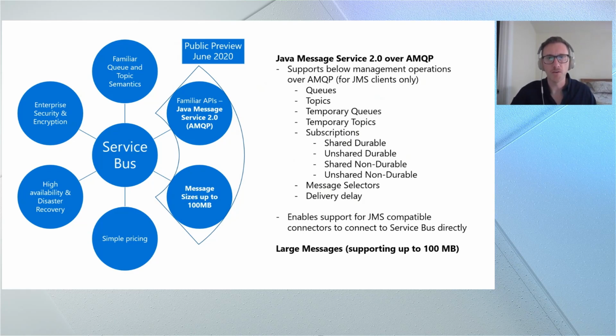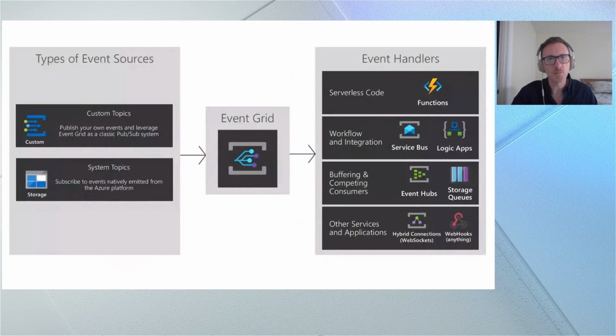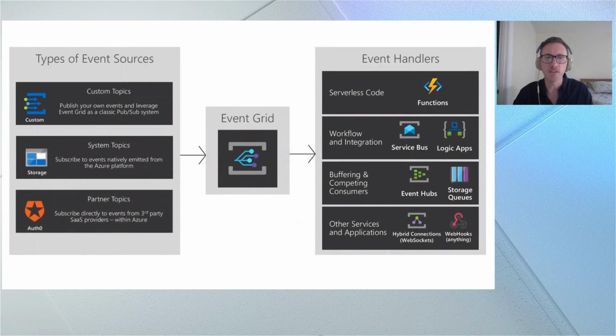I know that's a top one on the list. For Event Grid, we now support partner topics. This is a way in which third-party providers, the example here is Auth0, who's the first on that list, can generate Event Grid events for you to consume and use within your applications.